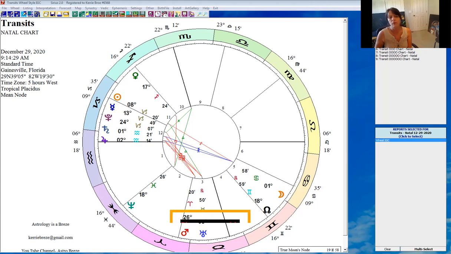Right now, just imagine that's gone. The moon has just moved into Cancer. We've got a full moon because it's opposite the sun; it's already past it. Take the moon out of the picture.